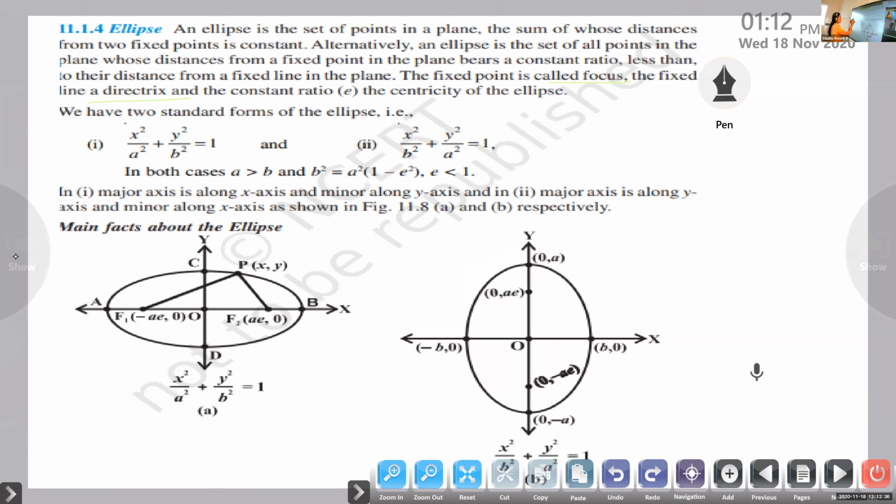In the first one, x square by a square plus y square by b square is equal to 1. The major axis is along the x-axis and the minor axis is the y-axis.